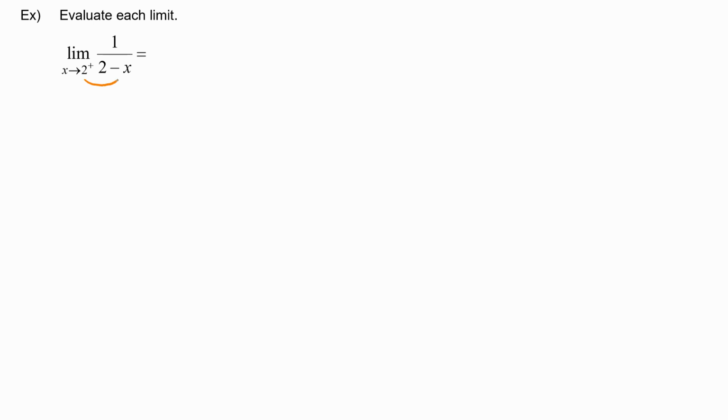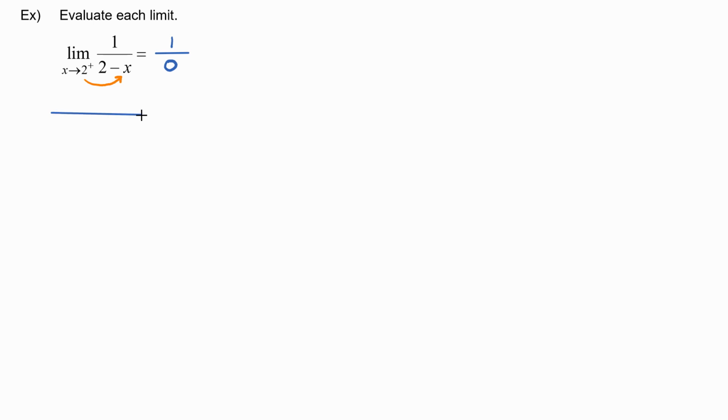Now, if we do a direct substitution here, we see that we will get 1 over 2 minus 2, which is 0. But remember, because we have 2 coming in from the right, we have to think about what 2 minus 2 coming in from the right will equal.